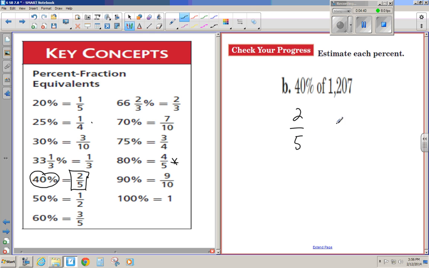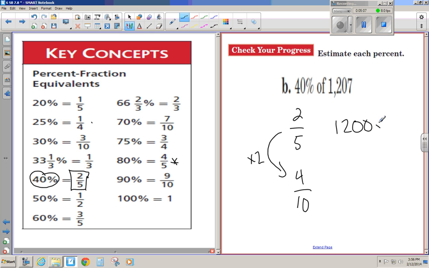And 1,207 rounds easily to 1,200. All right. Well, this is like one of our other examples. You could multiply by 2, divide by 5, but take the 2 and convert it. Multiply both by 2, and you get 4/10.